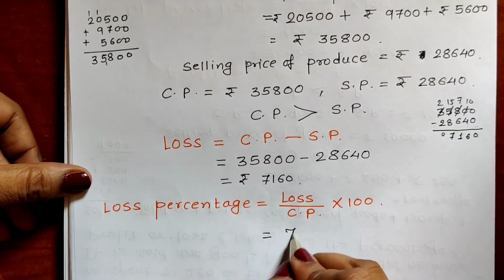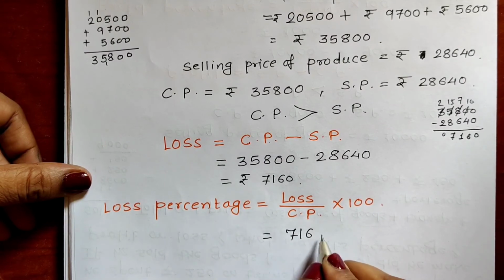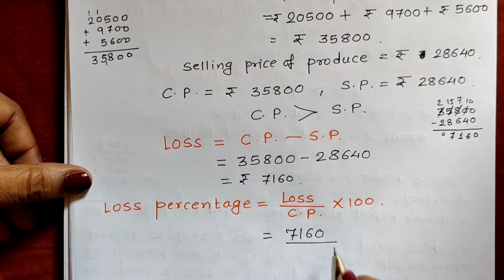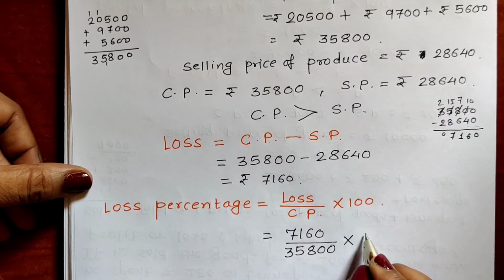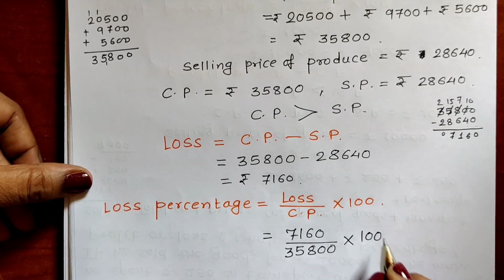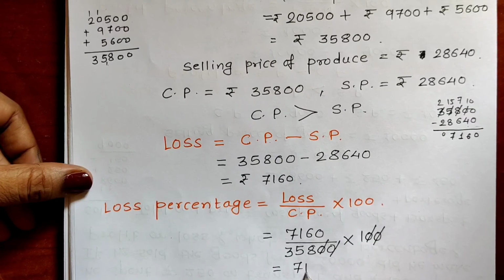So loss is equal to 7160, CP 35,800, multiplied by 100. We get 7160 upon 358.